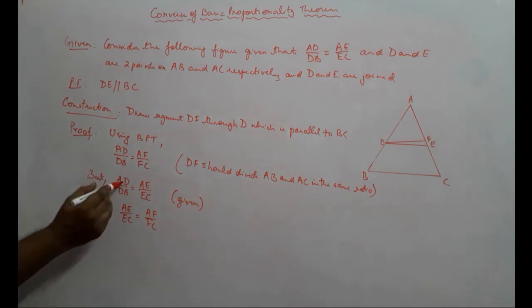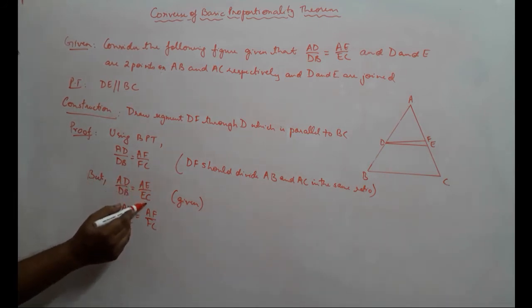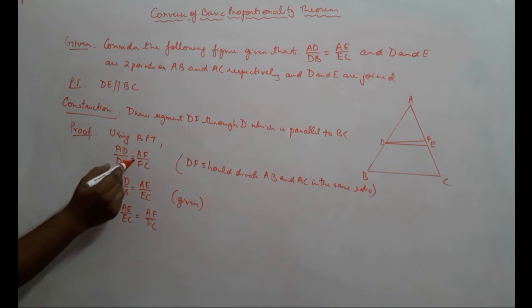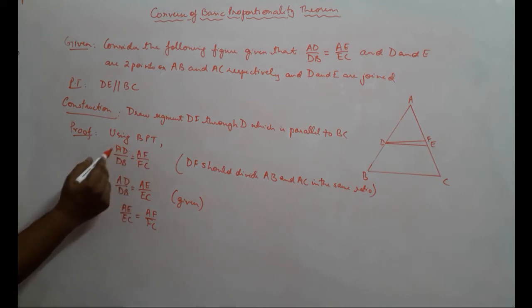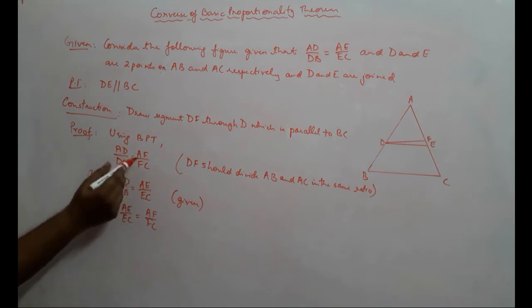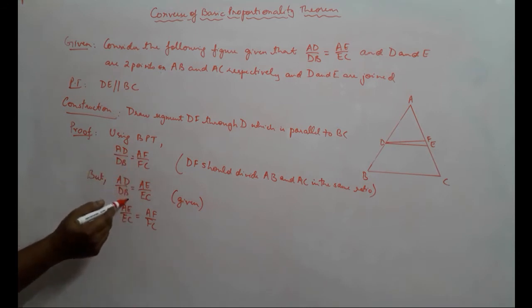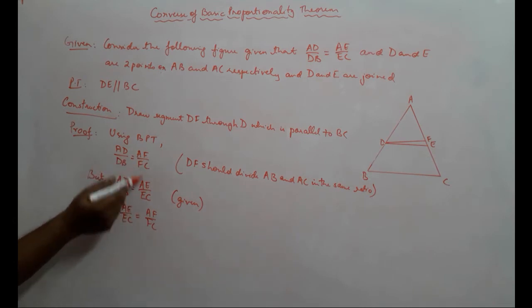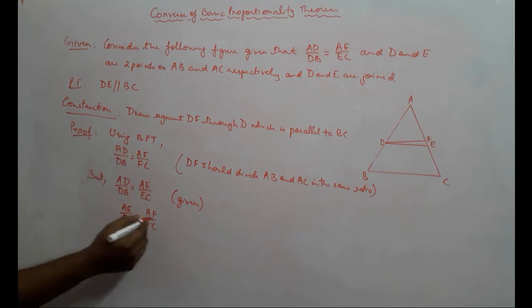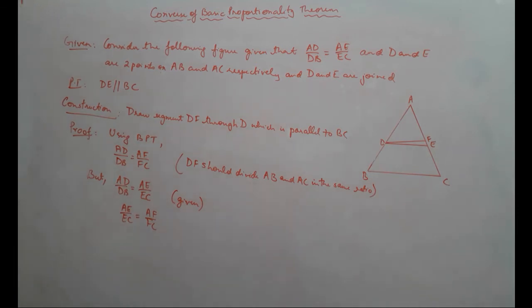Both these ratios are in fact equal to AD upon DB. Since both of them are equal to the same ratio, they are equal to each other, and this is what we get.